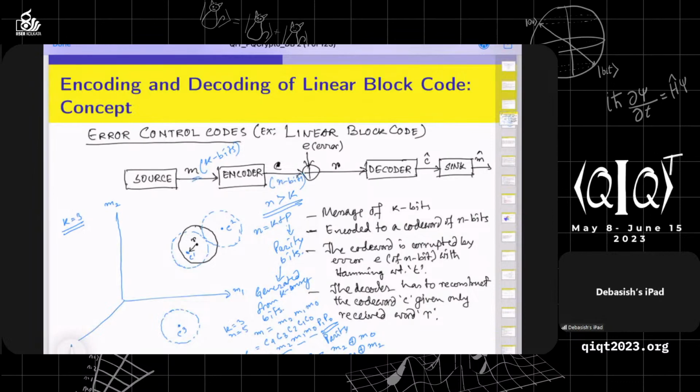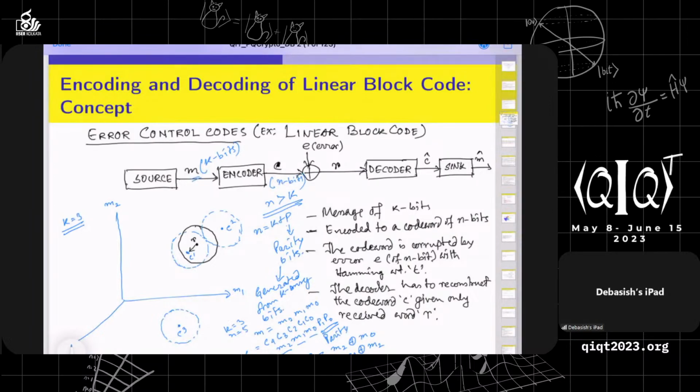From the other angle, I can say my message bits are independent because I don't have any control over the message bits, right? Message may be anything from the source. So my message bits M0, M2, M1 are the independent basis vectors of my code space. But P0, P1 depend on M1, M2, or M0.